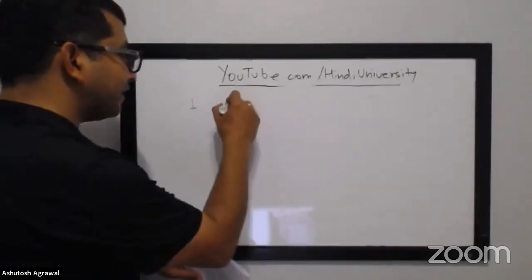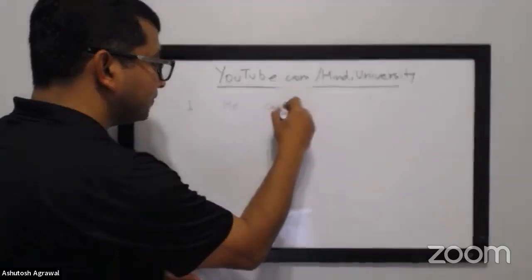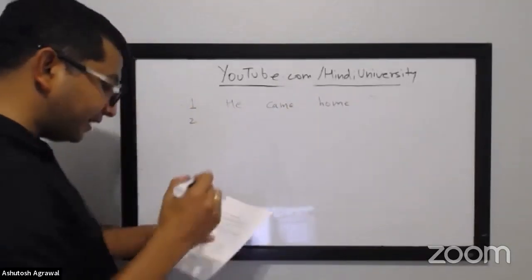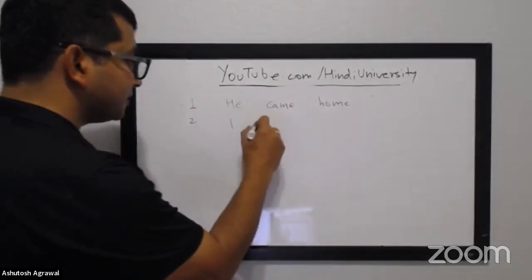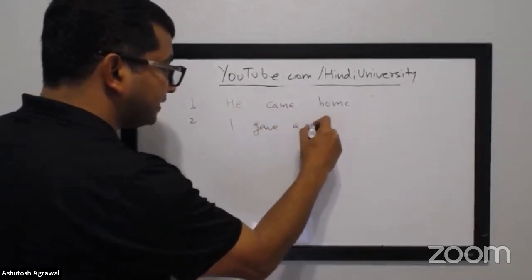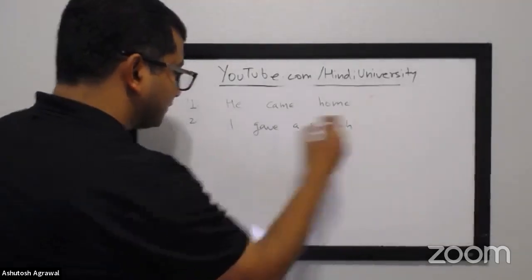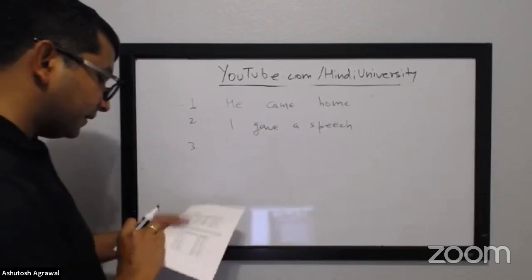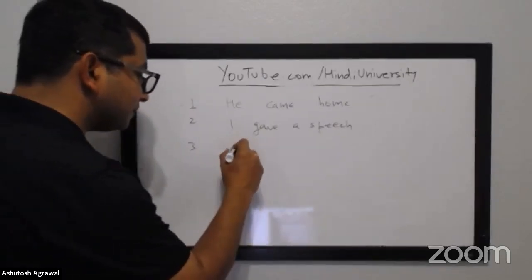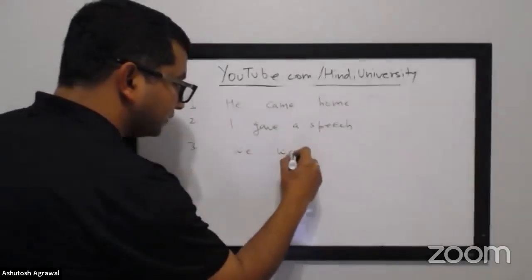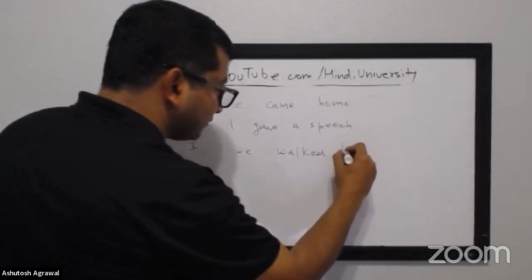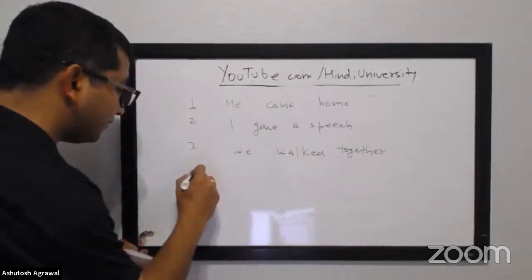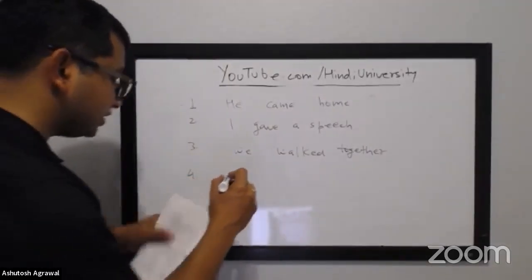The sentences I have are: he came home. Do it quickly, because that way your mind will work fast. I gave a speech. Then the third sentence is, we walked together. Number 4, she spoke in French.